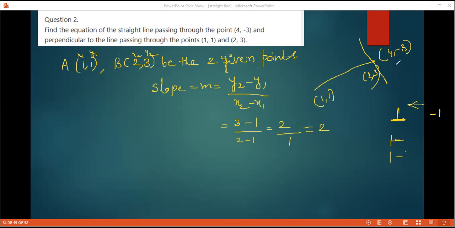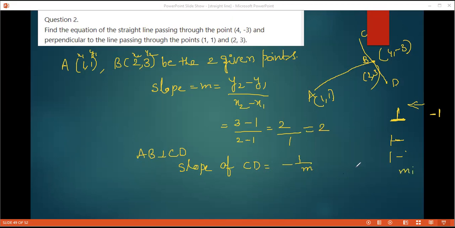So this line is AB, if you consider, and this is CD. Let us take. Here it is given that AB is perpendicular to CD, right? So if the two lines are perpendicular, we can say that the slope of CD is minus 1 by m, right? Why?